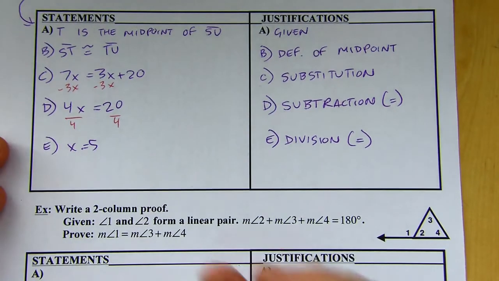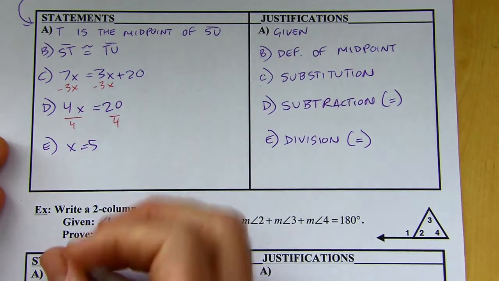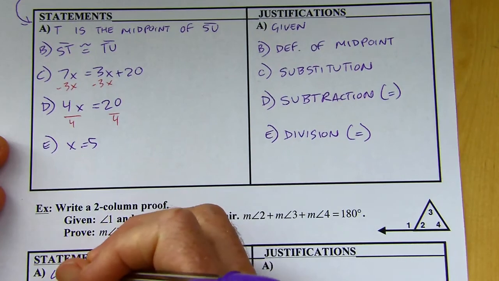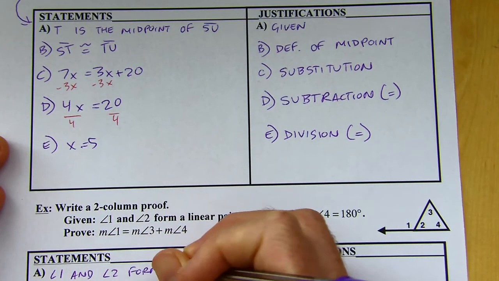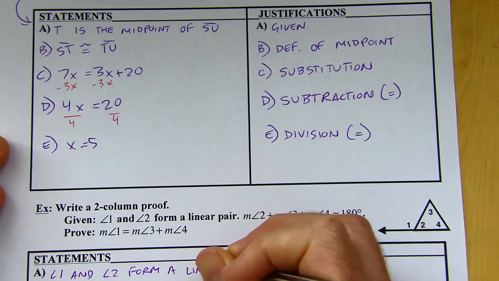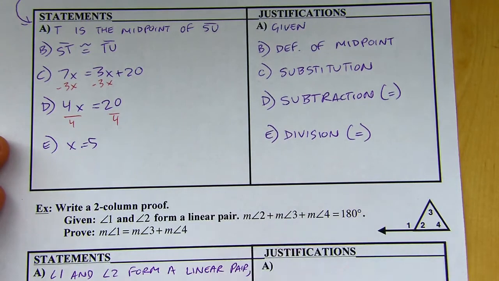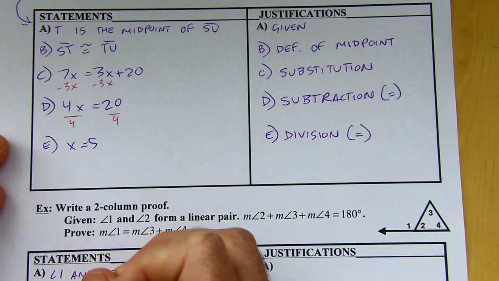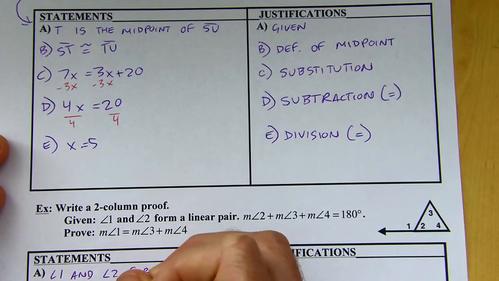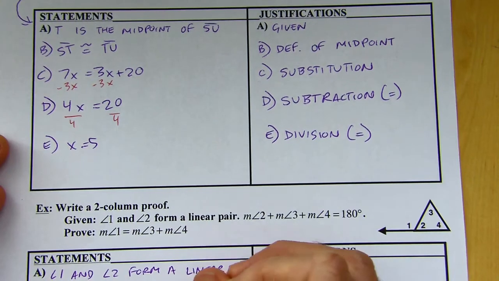So angle 1 and angle 2 form a linear pair, and I can actually see that in the diagram, right? And then the measure of angle 2 plus the measure of angle 3 plus the measure of angle 4 equals 180 degrees.